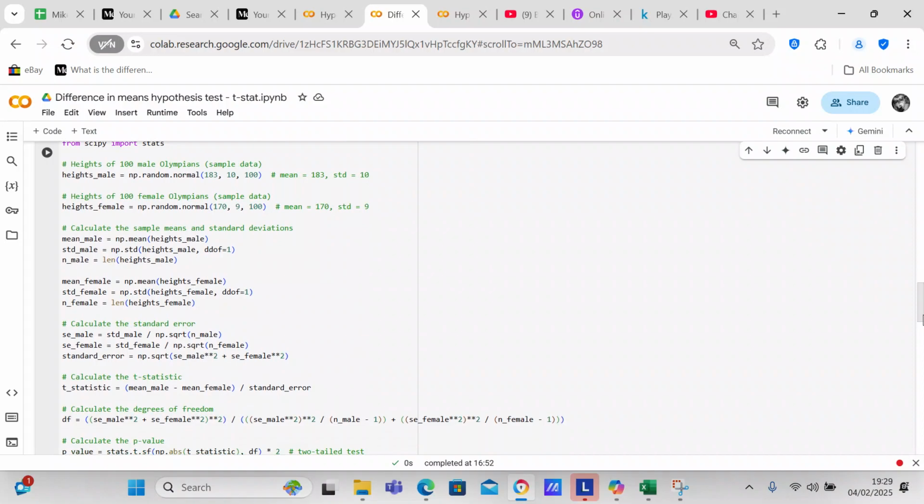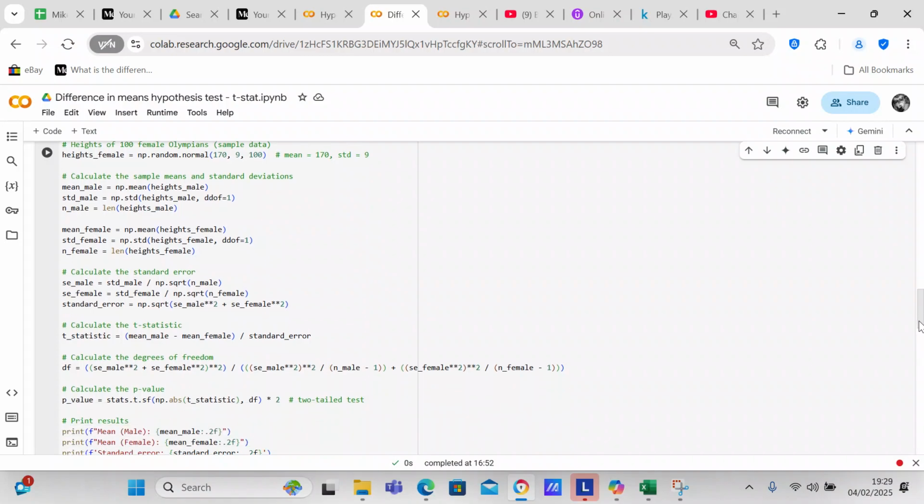And then we calculate the heights of the female Olympians, and we do a random selection of 170 centimeters is your mean, 9 is your standard deviation, and you have 100 samples.